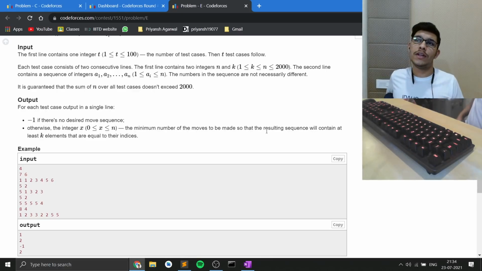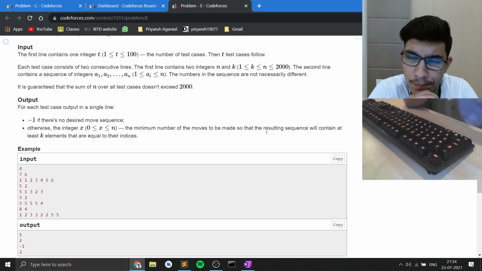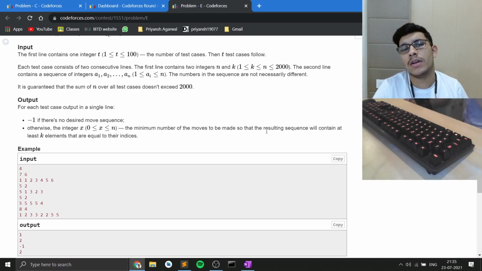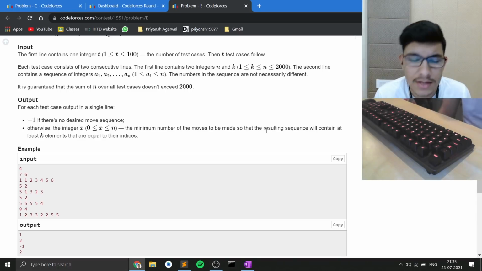Okay, so for each number you can decide how much it has to be shifted to be brought to its right place. Can I do a DP here, that if I'm standing on the ith index and I have removed j elements?